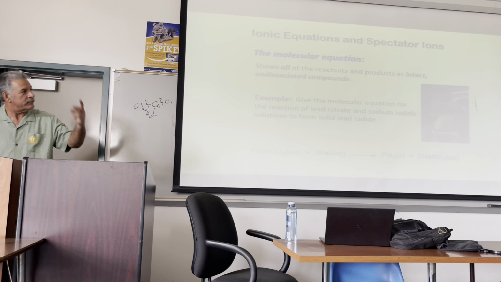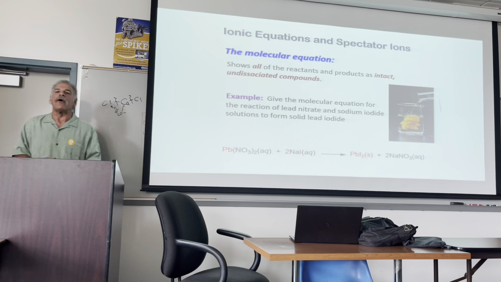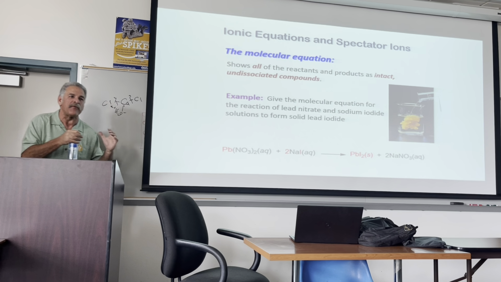All right. So, the molecular equation shows all the reactants and products as intact, unassociated compounds. The complete equation shows states only, but infers that all the compounds have not yet been dissolved.